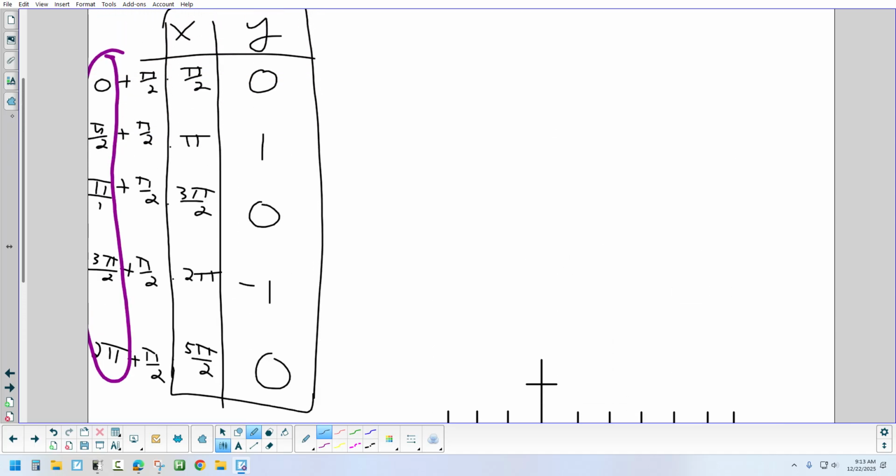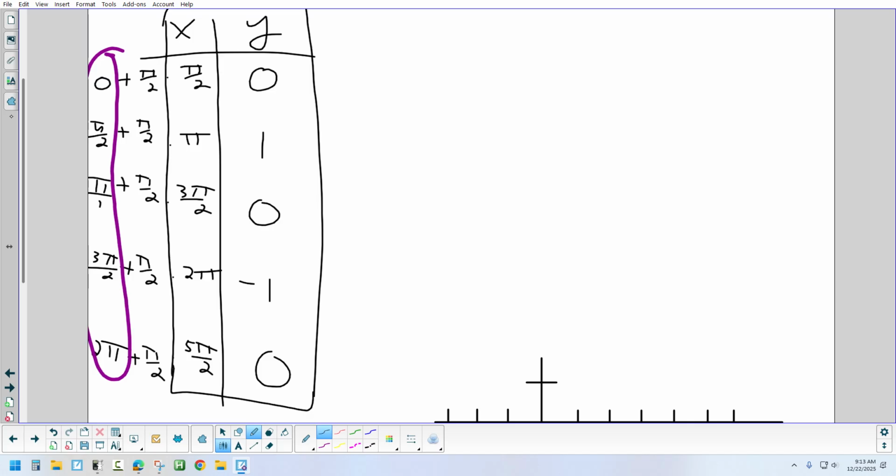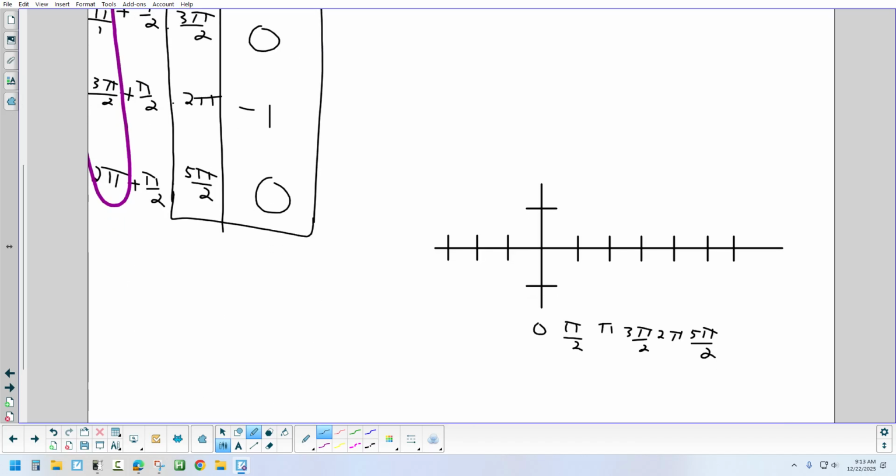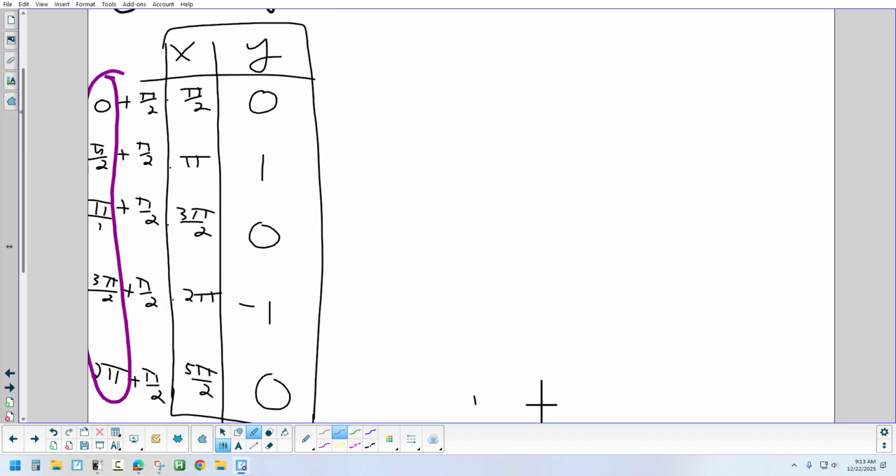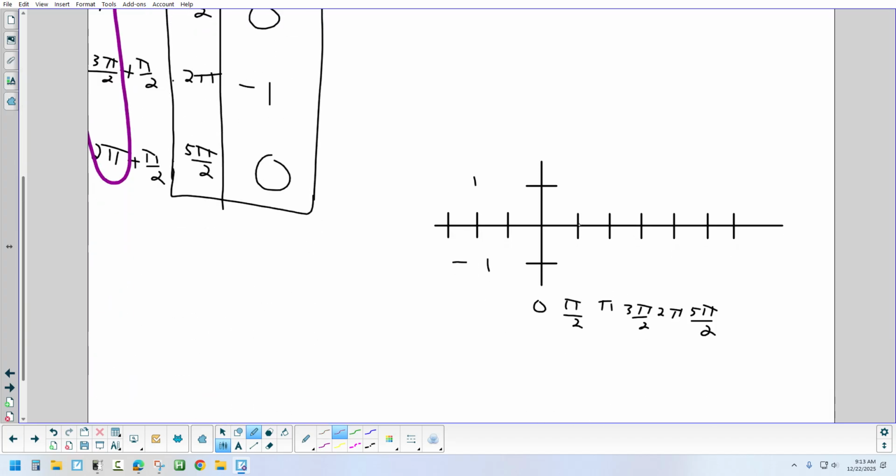And what's the highest y value that we have? 1. And the lowest? Negative 1. Yep. That's how you set up your sketch. Okay, and now plot your points. So starting at pi over 2, you're at 0, 1, 0, -1, back to 0.